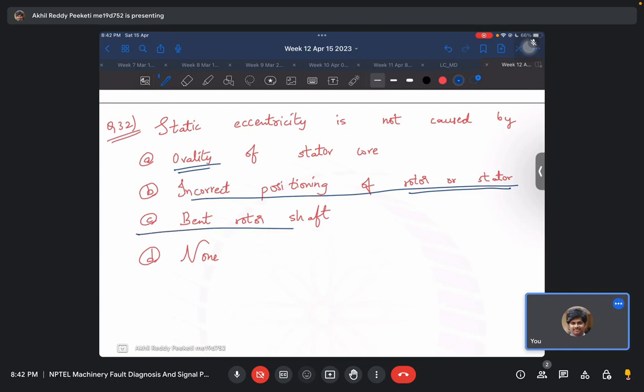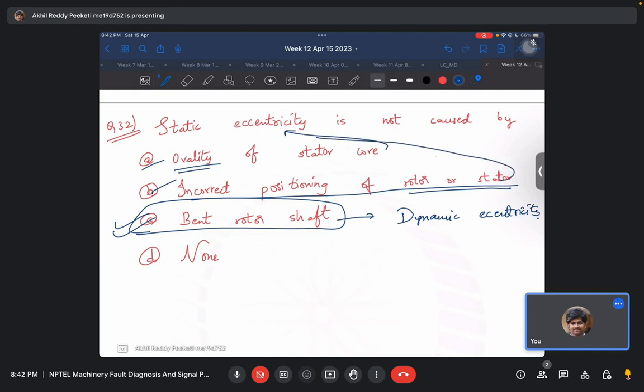But when you have a bent rotor shaft, you will have a dynamic eccentricity as it is rotating. So static eccentricity is not caused by a bent rotor shaft. The other two will cause static eccentricity, but a bent rotor shaft causes dynamic eccentricity. So that's the answer.